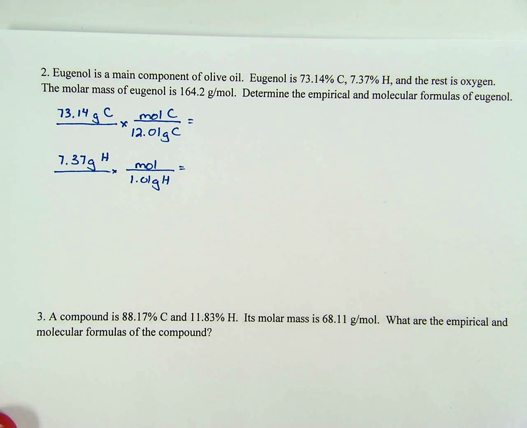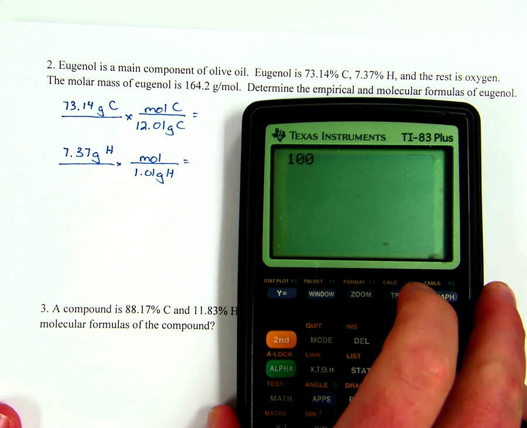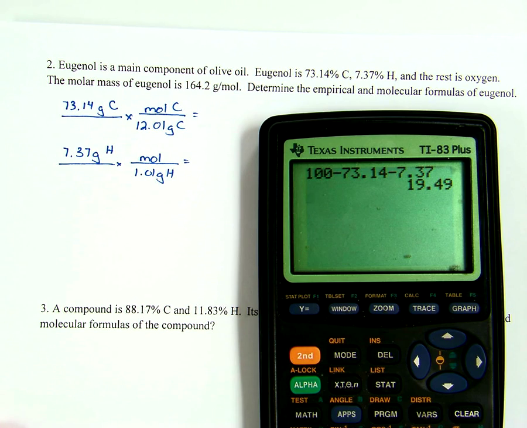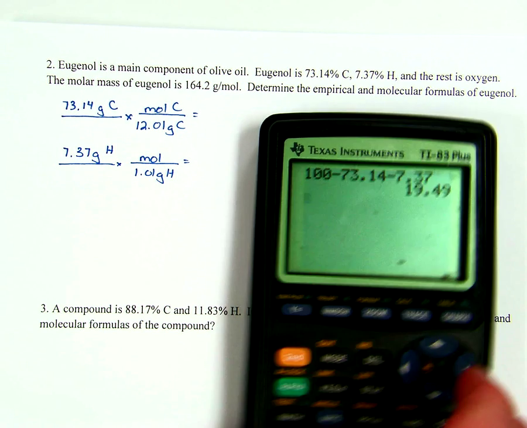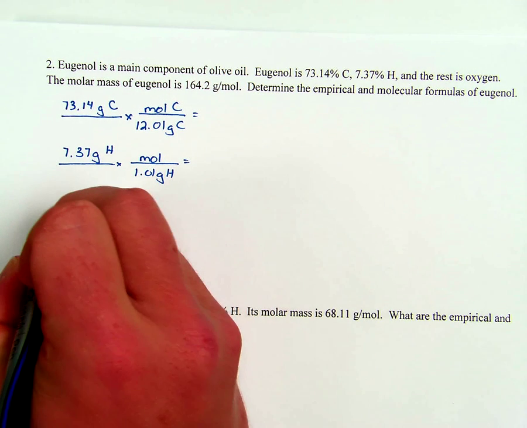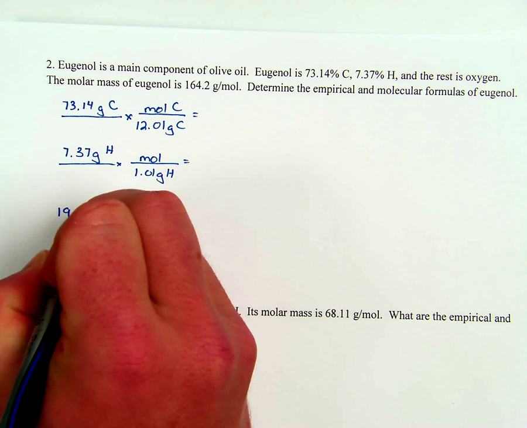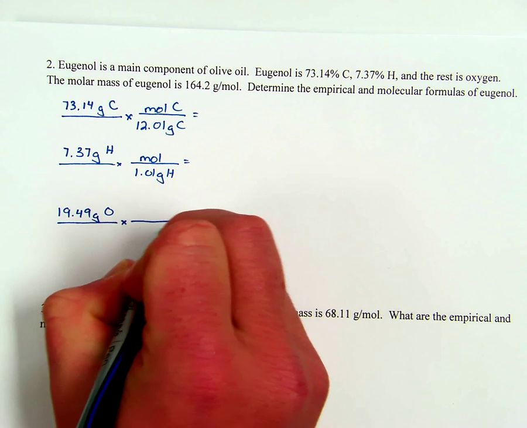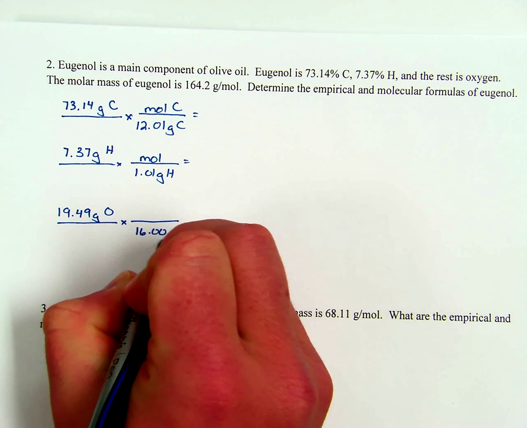So if I just subtract these other two from 100, 100 minus 73.14 minus 7.37, that will show me that there's 19.49% oxygen. So that will be the mass of oxygen I want to use. So 19.49 grams of oxygen, and again use the molar mass of oxygen to convert it to moles.